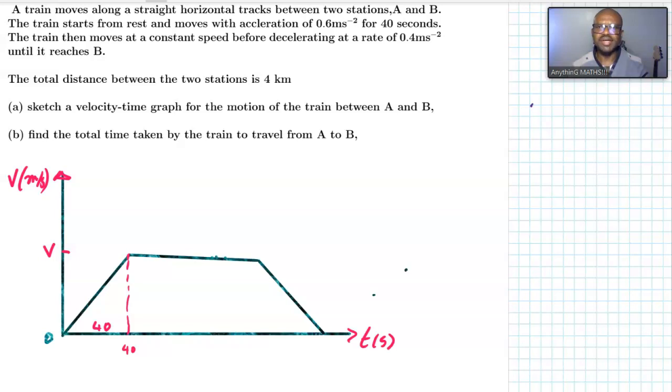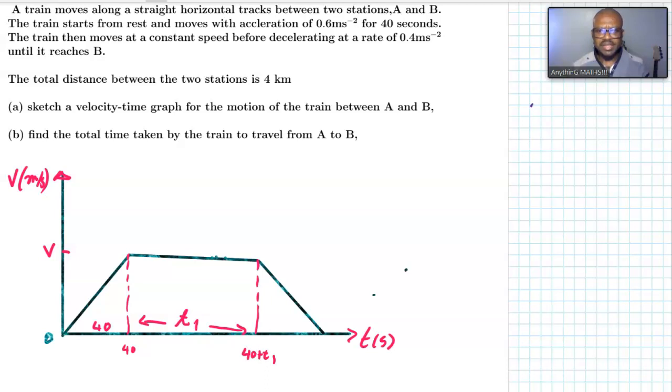And then it moves at a constant speed. The train moves at a constant speed before it decelerates. We don't know that time, so we represent that time by T1. So it's the time between that portion. The time over here will be 40 plus T1.